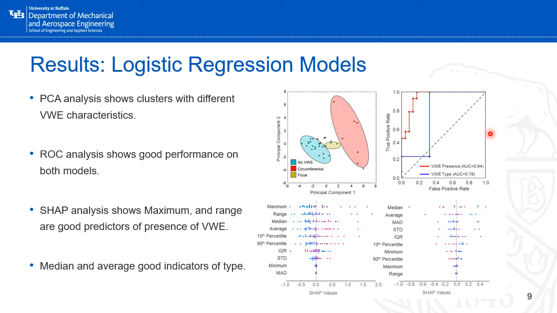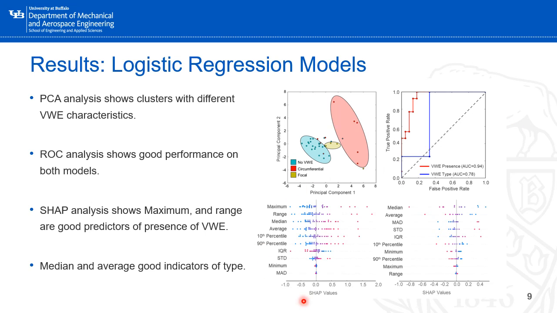Again, there were only 13 cases with vessel wall enhancement. Hence, you see the AUC is relatively lower compared to the other logistic regression model. But given a large enough cohort, we believe that this can be further improved using our existing pipeline.